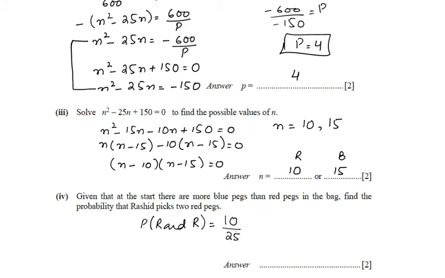Okay, then for the second red we reduce both numerator and denominator, so it will be 9 upon 24, and when we simplify this, our final answer is 3 upon 20.